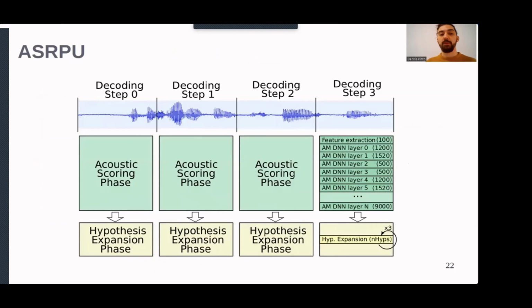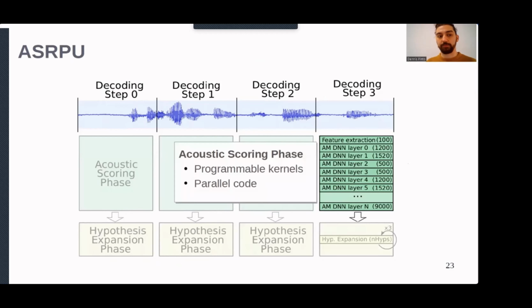So let's start with the programming model of our accelerator. In this accelerator, a decoding step consists of two phases, the acoustic scoring phase and the hypothesis expansion phase. The acoustic scoring phase is intended for performing feature extraction and acoustic scoring. This phase is implemented as a sequence of kernels written by the programmer.